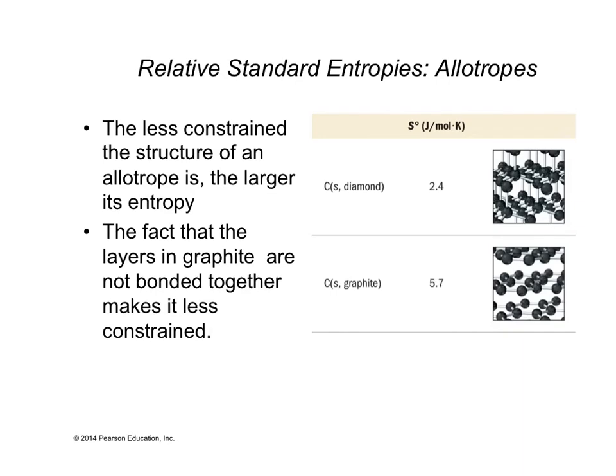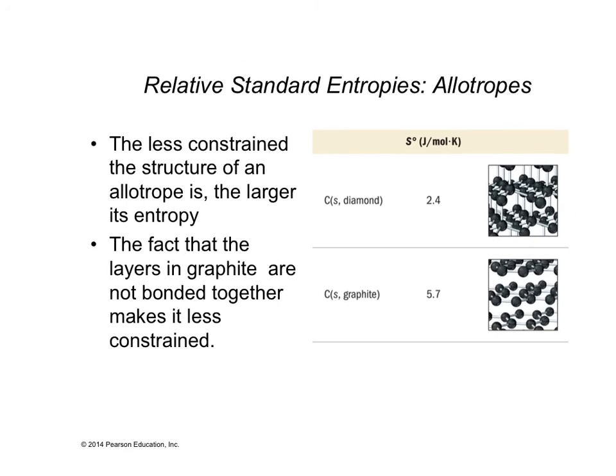What about different allotropes? So again, an allotrope is just a different form of whatever physical state you're looking at. So for example, there are 2 allotropes for carbon, diamond and graphite. What we find with respect to these trends in entropies is the less constrained the allotrope, the greater the entropy, right? So if we compared diamond to graphite, who do you think is the less constrained allotrope?